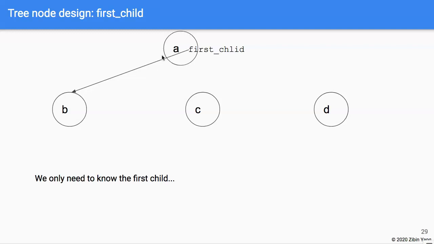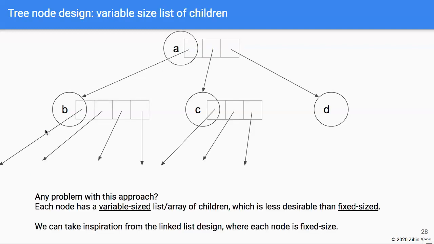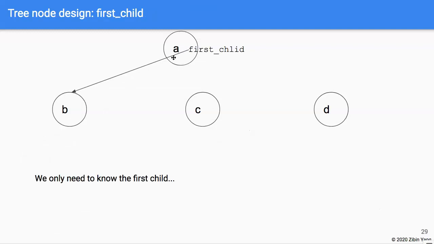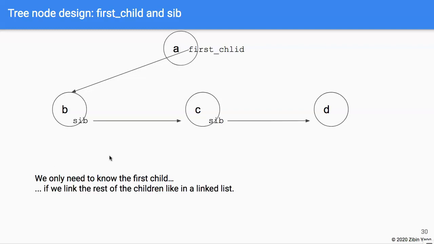So for the node, say the parent node A here, we really just need a pointer to its first child node. And in order to get to the rest of the children nodes, then each of the nodes can also have a sibling pointer.